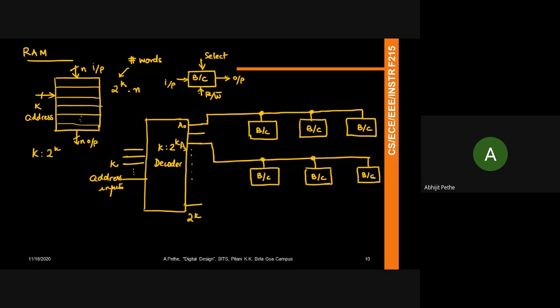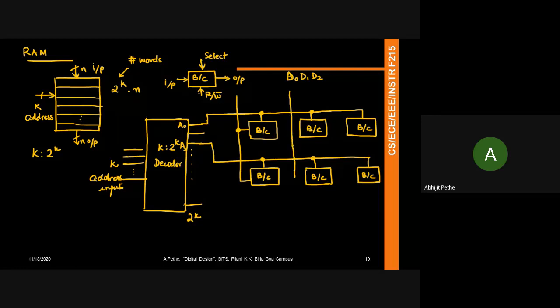Now, what do I want? This decoder will help me select which word I want to go into. Similarly, for the inputs, suppose there are 3 inputs, D0, D1, D2, say, right? My inputs are going to be connected to all of my bit cells along a column.